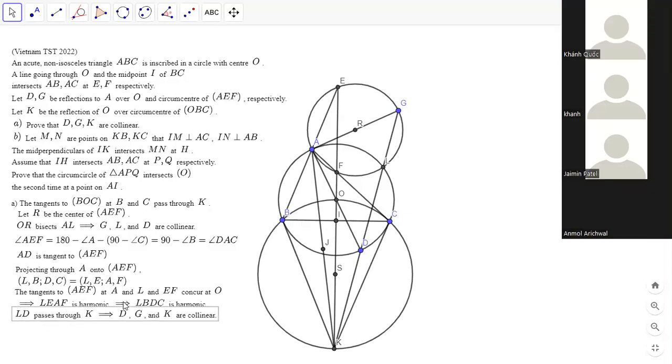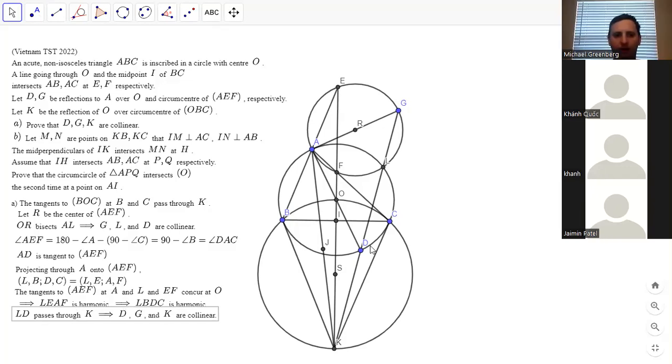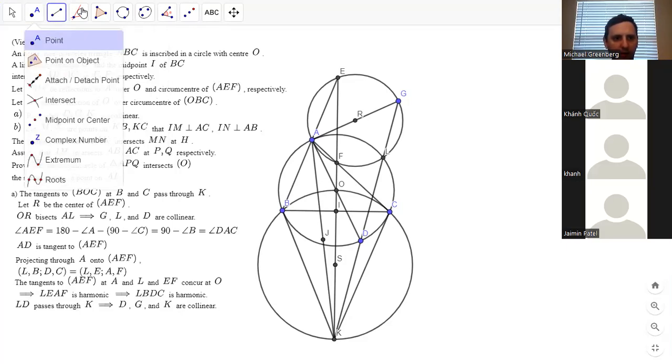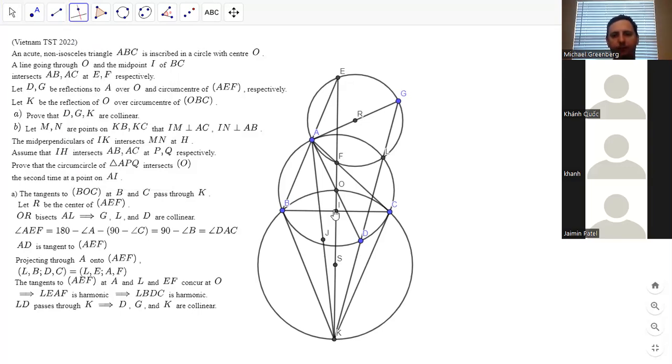Hey Anmol, so we just got through part A of this question from the Vietnam team selection test. And now we're going to work through part B. So let M and N be points on KB and KC so that IM is perpendicular to AC, and IN is perpendicular to AB. It's kind of interesting.